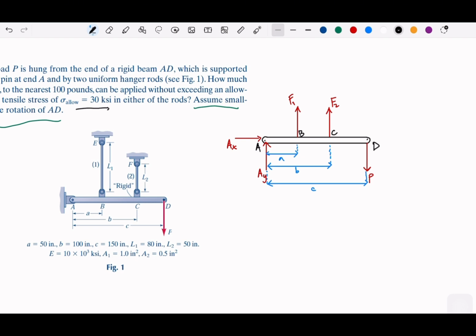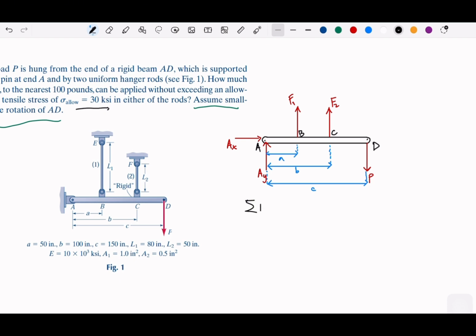For example, if we take sigma M with respect to this point, we can get the equations include the F1, F2, and P, right? And I think that is needed, right?